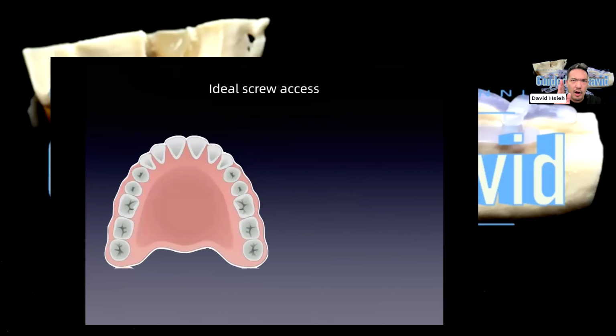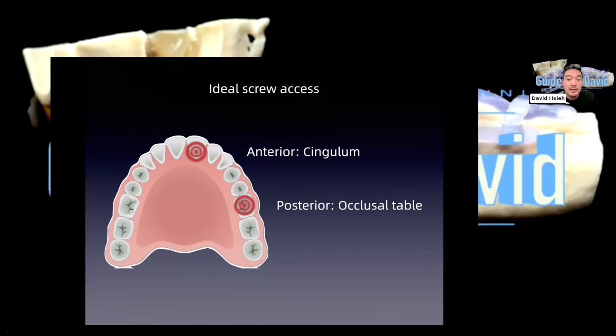Meaning where are we targeting, right? That is actually at the anterior. So we're targeting at the cingulum, right? That's the most ideal screw axis. And when you move back to the posterior, it will be the occlusal table of the posterior. So the cingulum at the anterior and the occlusal table at the posterior.